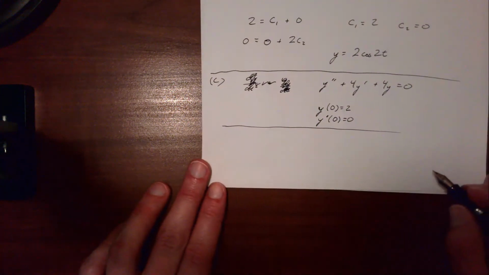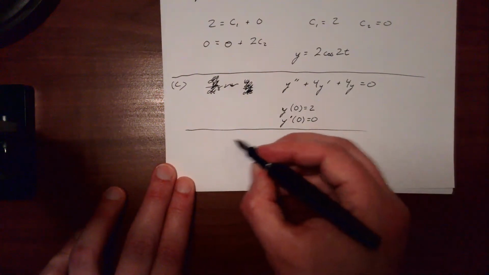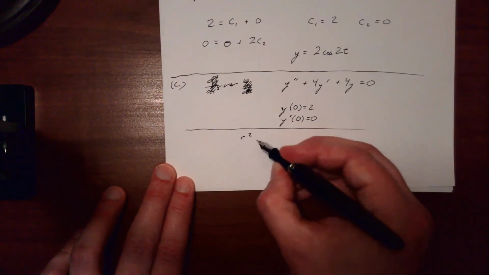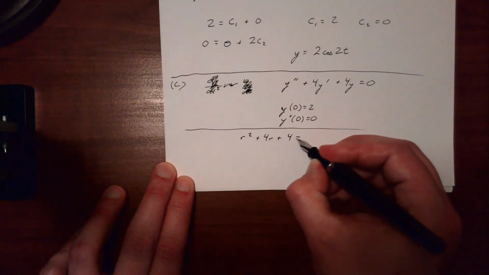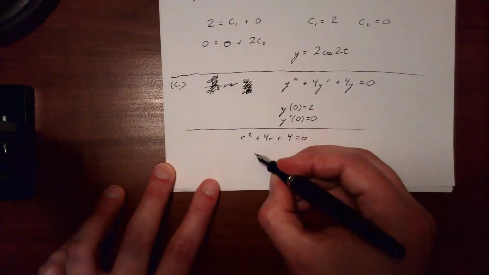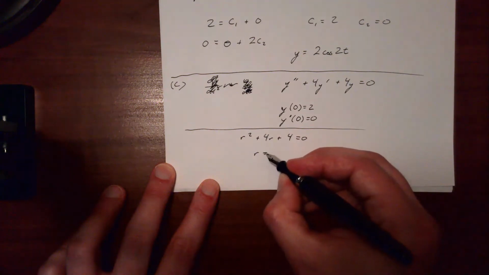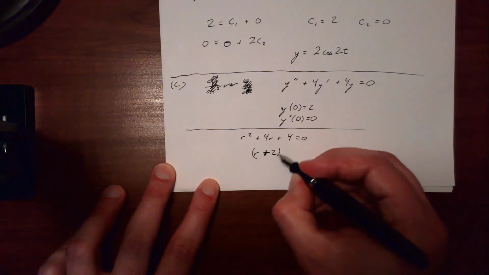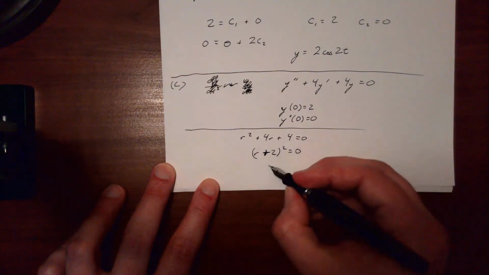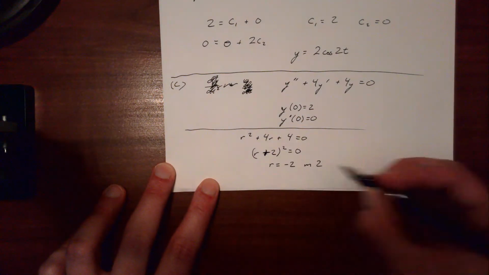Well, when we want to switch over to the characteristic equation here, what we would get is r squared plus 4r plus 4 equals 0, which leads us to, or I guess we'll say, (r plus 2) squared equals 0, which means that r equals negative 2 with multiplicity 2.